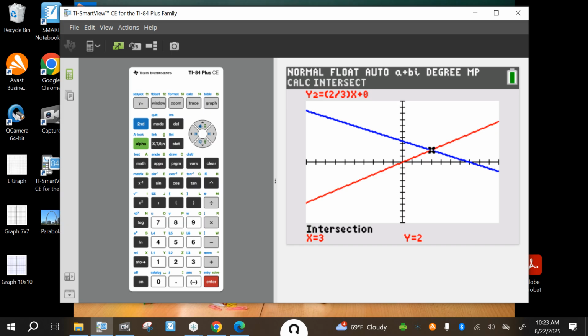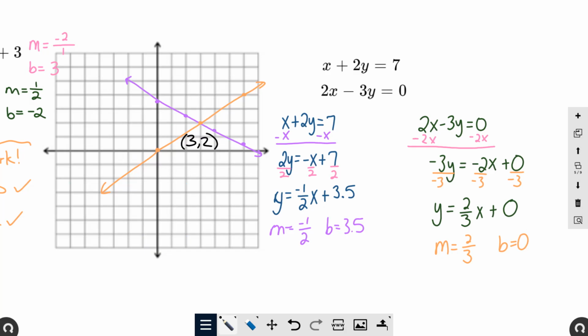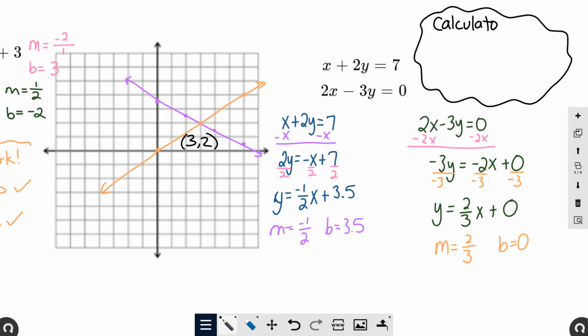So let's write down those calculator steps so that way you have them. So maybe up here to the corner, calculator. I'm going to keep it simple and we're going to chant it to remember it. Second trace 5, enter 3 times.